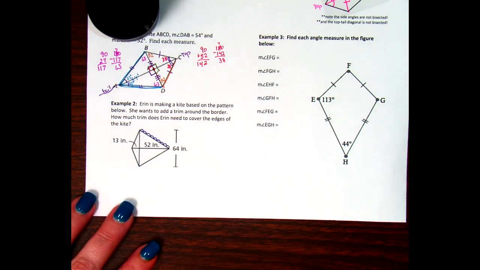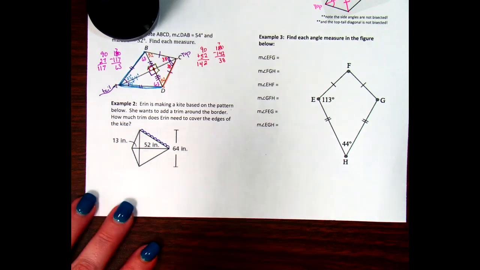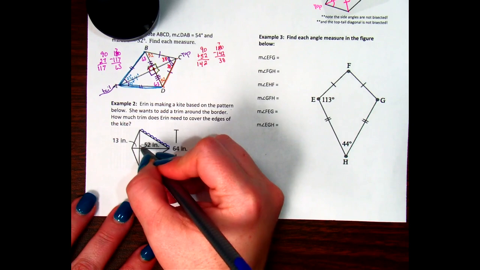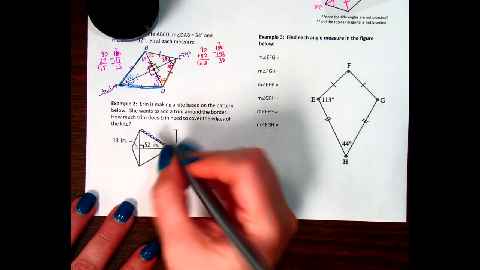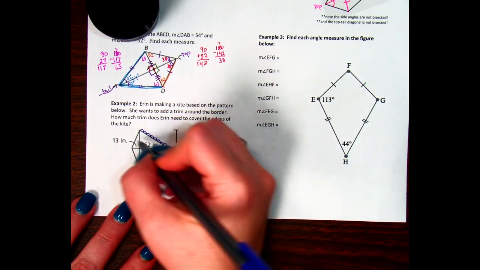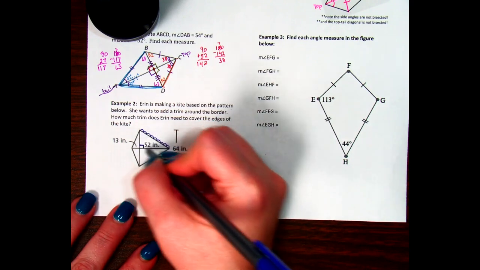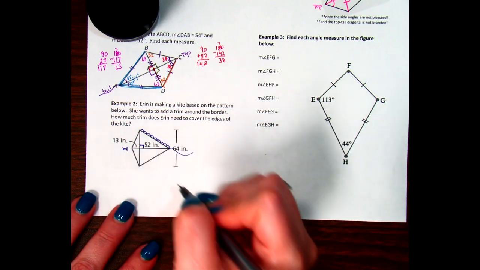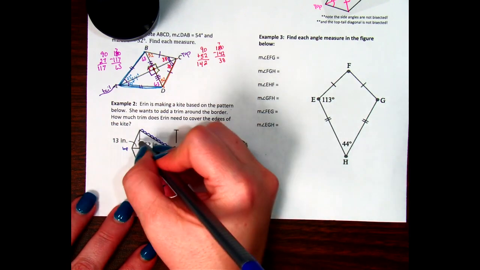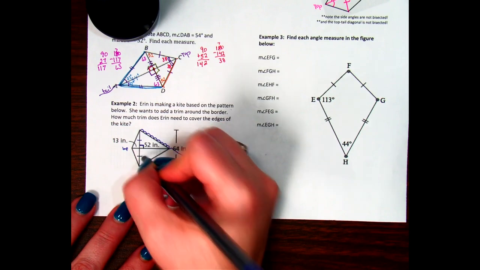If I want to know how long that piece there is, I can use the fact that I know my diagonals intersect at a 90-degree angle. I know one side is 52, and I know that this top-to-tail diagonal, that's my tail, this is the top, bisects the side-to-side diagonal, so I know those two pieces are equal.